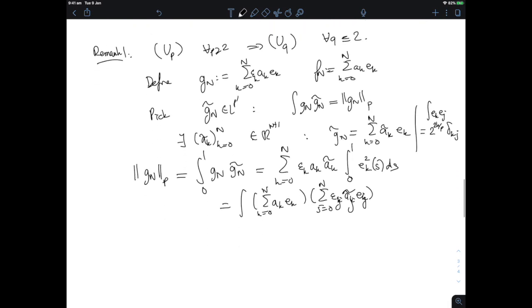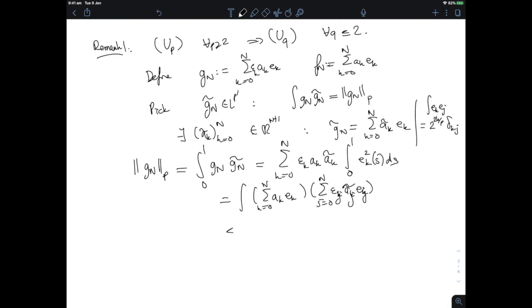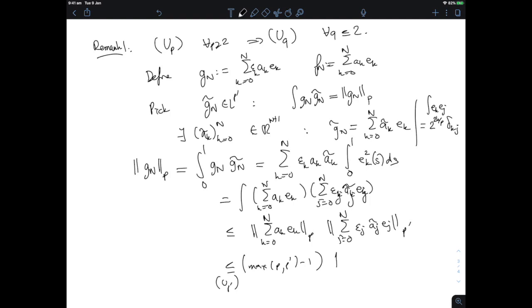Now you can apply Hölder, and Hölder will give you that this is controlled by the LP norm of the sum of AK EK, which is what you want, times the LP prime norm of the sum of AJ tilde EJ in LP prime. So if you have UP prime, then you get the maximum of P prime minus 1 times the norm of the sum AK EK in LP times the norm of Gn tilde in LP prime.